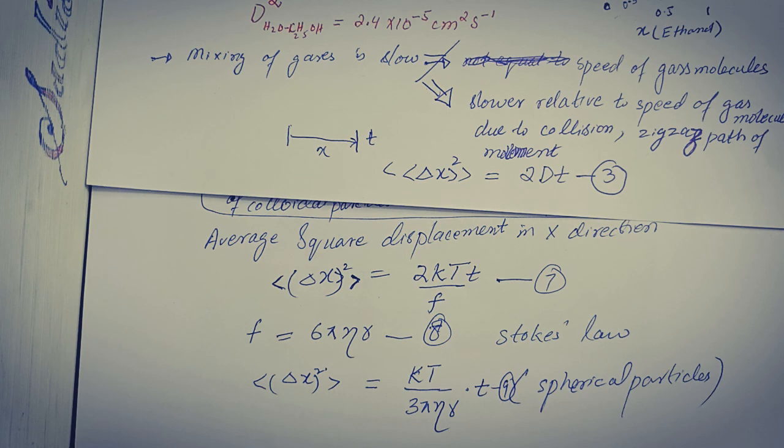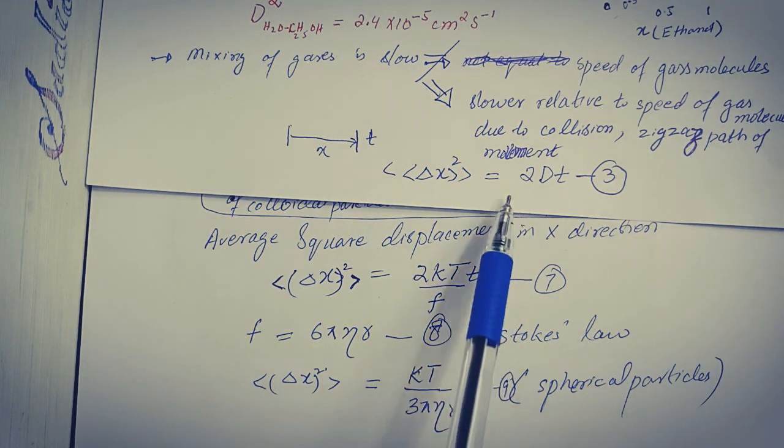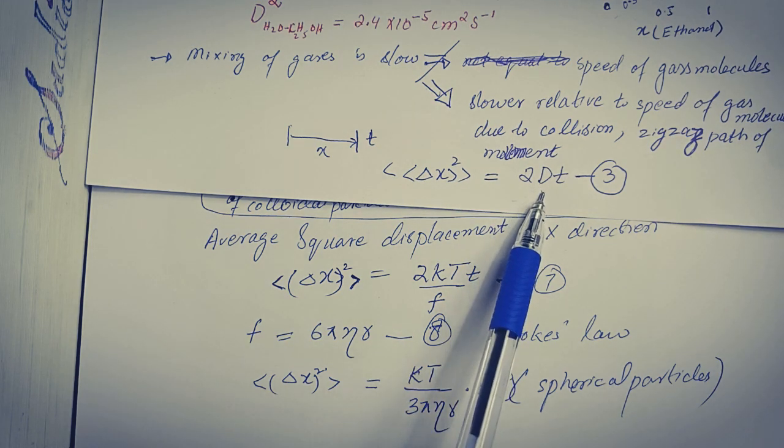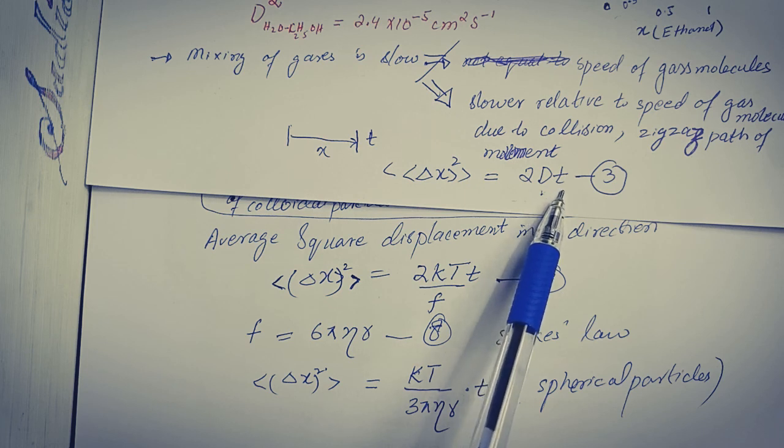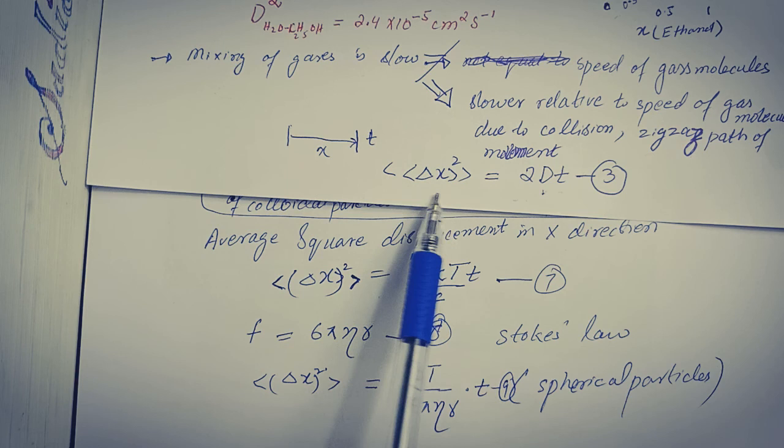And from our previous equation that is given by Einstein for the average square displacement in x direction, that is depending on the diffusion coefficient and the time that is required for the average movement.